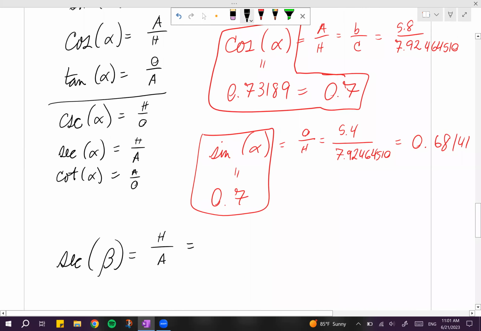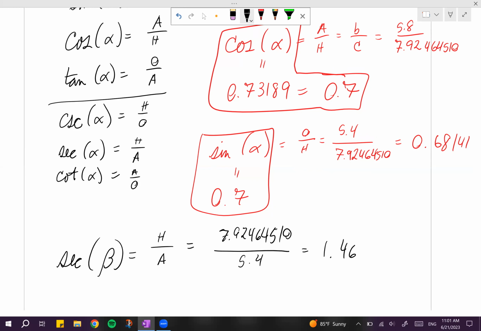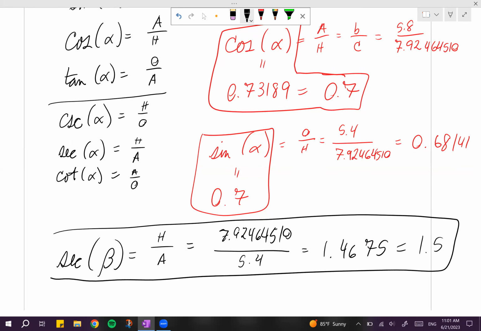So our hypotenuse is 7.924645510 over our adjacent, which is 5.4, because our side A is adjacent to beta. So whenever you plug this in the calculator, you're going to get 1.4675, and we just need to the 10th place, so this is 1.5. So secant of beta is 1.5.